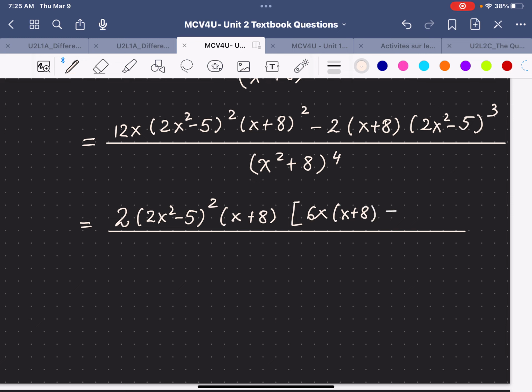And then we have minus, so 2 is all out, x + 8 is all out. (2x² − 5)² is out, so here we have power 3, so 1 power is left inside. So we'll write 2x² − 5. Now be very careful, because especially in subtraction, like the quotient rule, whenever we are subtracting a binomial, we need to keep that in brackets. It's a very easy mistake to make, but we won't make this mistake, obviously, because we practice enough, right?